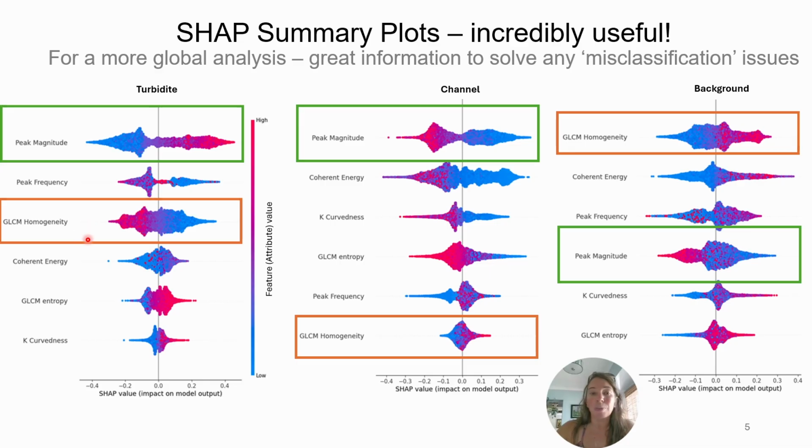It was the third most important for turbidites, the least important for classification as a channel, and the most important feature for background shale. In the case of the background shale, a red or high value of GLCM homogeneity gave it a positive SHAP value, so tended towards increasing the probability that it's classified as background.